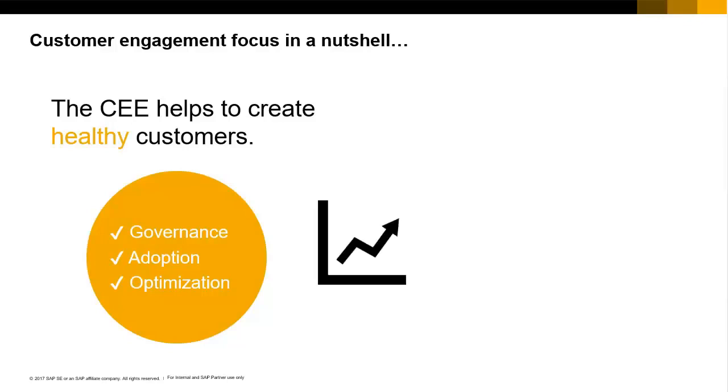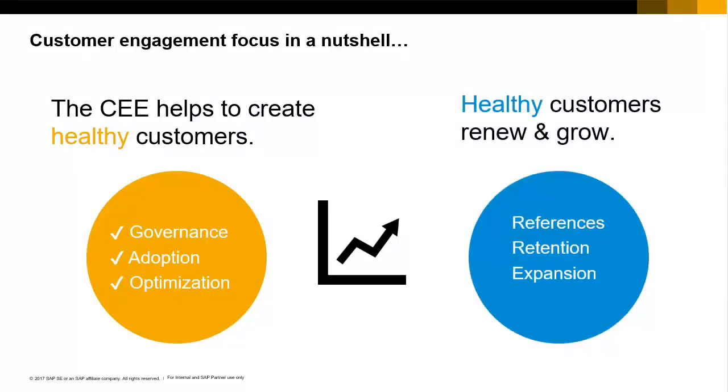This in turn improves our key KPIs because healthy customers become references, renew their subscription, and expand the relationship as their business needs change and SAP SuccessFactors solutions can meet their needs. These reference, retention, and expansion opportunities are key to a healthy cloud business and key to a healthy partner ecosystem and business that provides opportunities for us all.